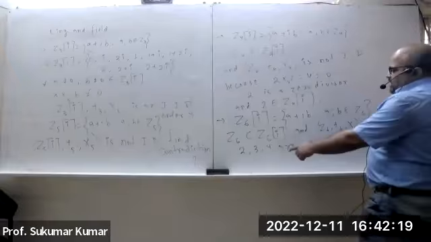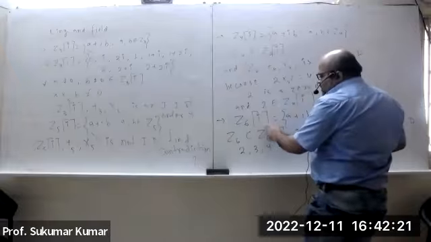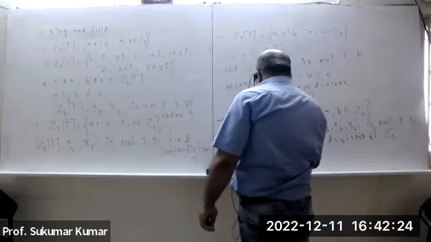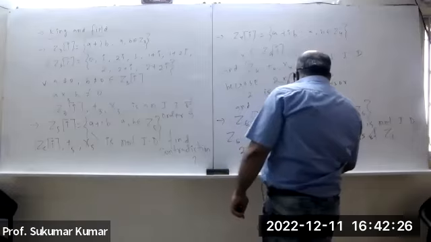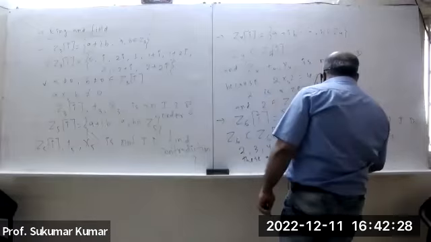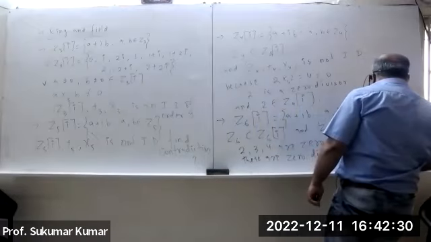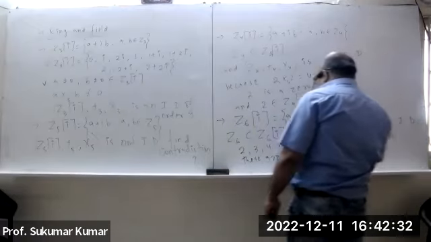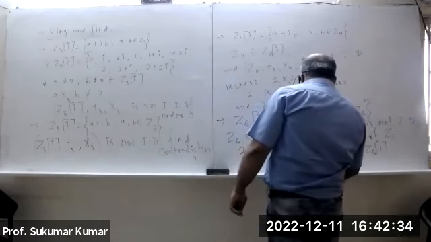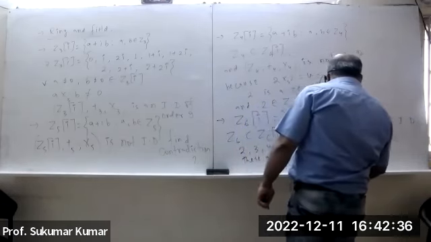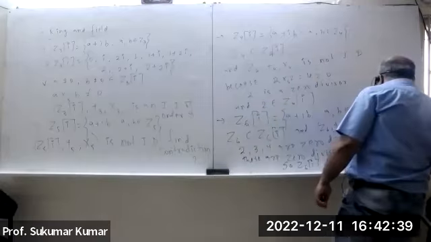So these elements belong here also. So these are zero divisors of Z6 box I. So Z6 box I is not an integral domain.